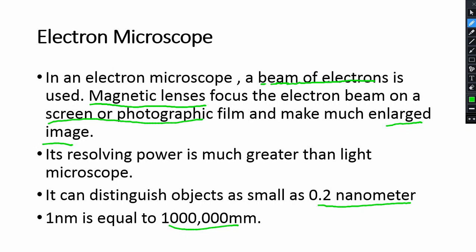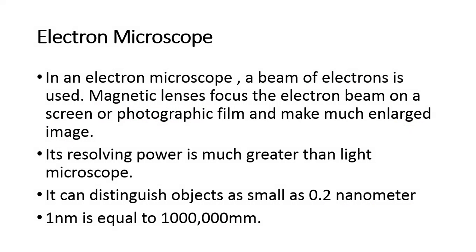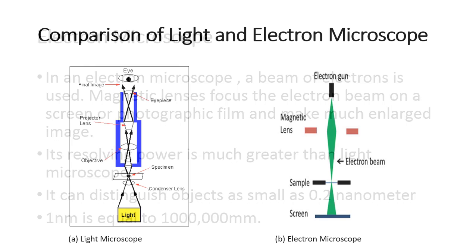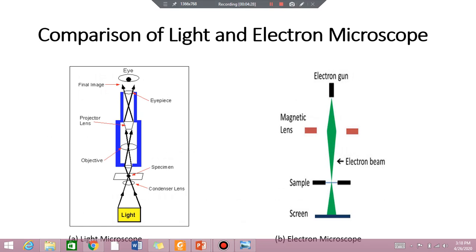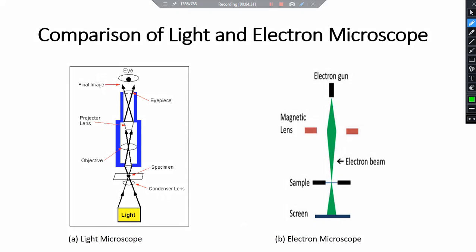Now let's jump toward the difference between light and electron microscope with the help of this diagram. First of all, we will look at the light microscope. What was in the light microscope? This is the light microscope.